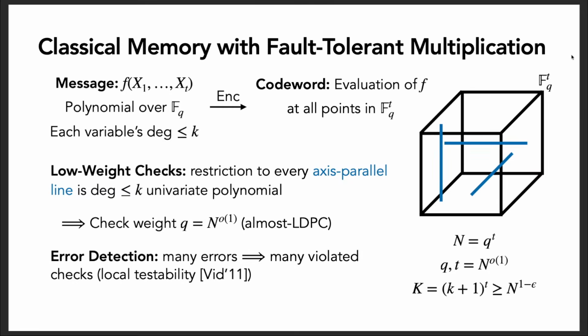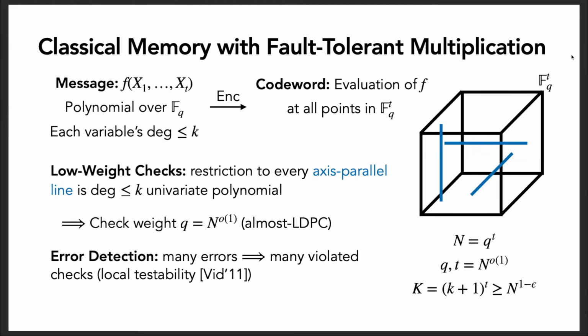We just run all these low weight checks in every direction. We check all the axis-parallel lines. If we see a bunch of univariate polynomials, we know that we're a codeword. If some of these lines don't have a univariate polynomial, we know that we violate some constraints.